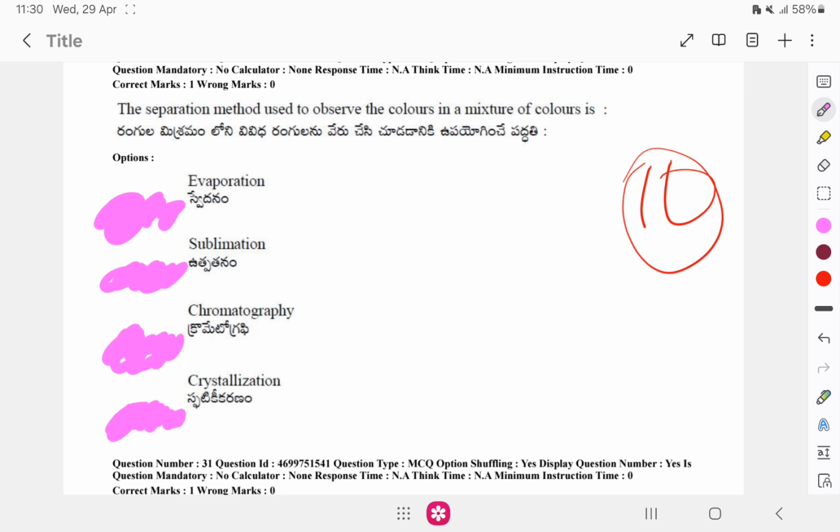The separation method used to observe the colors in a mixture of colors is. Options: evaporation, sublimation, chromatography, crystallization. Separation methods used in which we observe the colors.